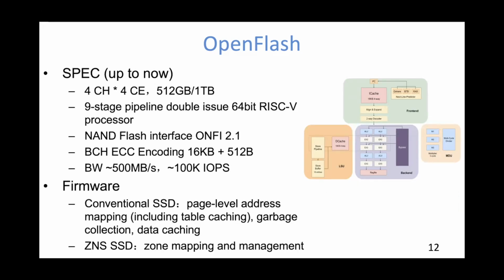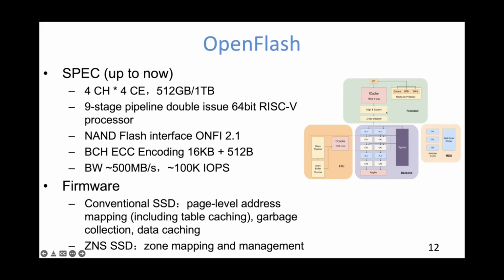So far, OpenFlash has the following specs. We have 4 channels, and each channel has 4 CEs or 8 CEs. As a result, OpenFlash right now can support 512 GB or 1 TB capacity. The processor used in OpenFlash is a 9-stage pipeline, dual-issue, 64-bit RISC-V processor.